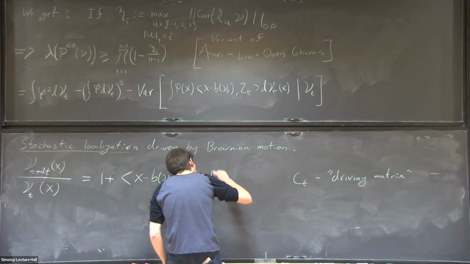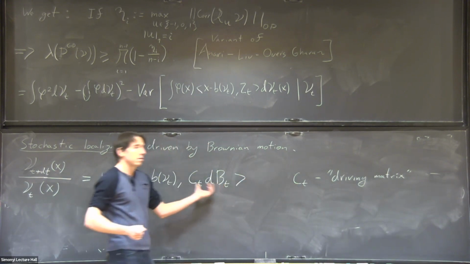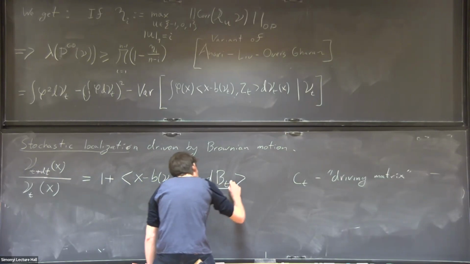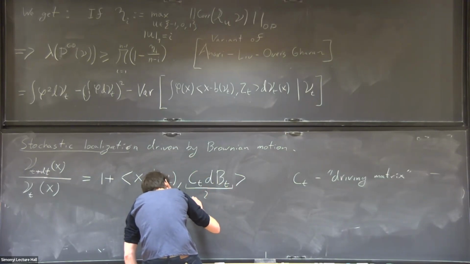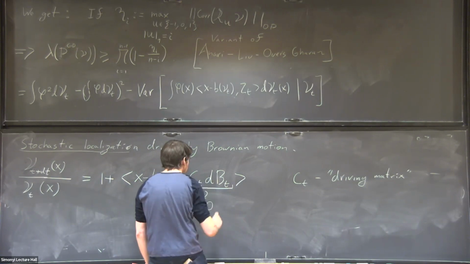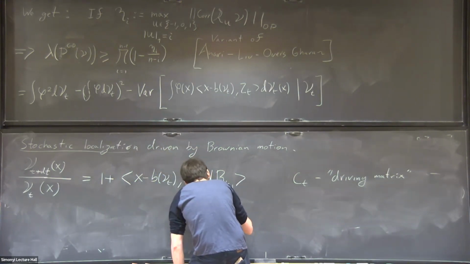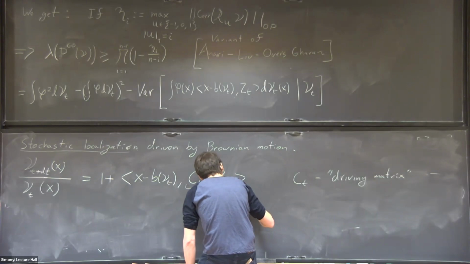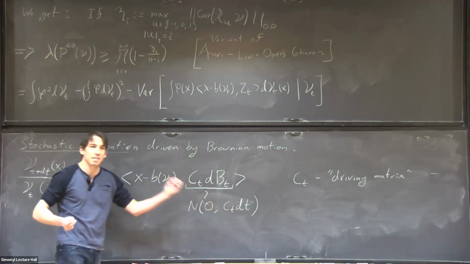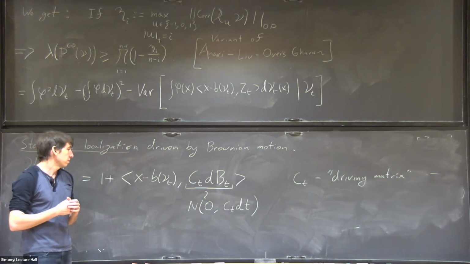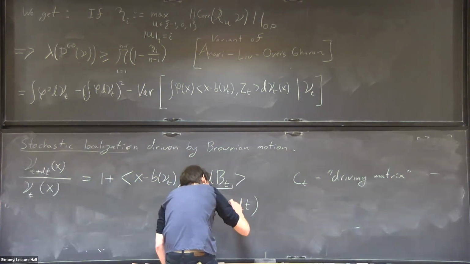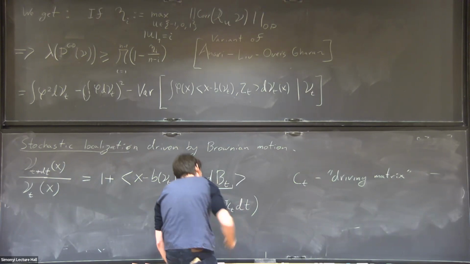And here I'm going to write dB_t, which is formally the increment of a Brownian motion, which you should think of as a normal variable, which is centered, and it has covariance C_t dt. So it has an infinitesimal covariance matrix. It's a PSD matrix. So C_t dB_t, sorry, C_t transpose C_t, yeah.